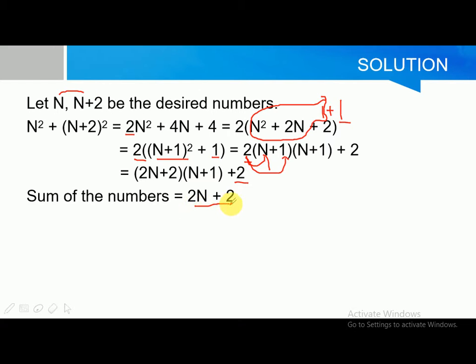For those of you who are in class 10th, it will seem like Euclid's division lemma, wherein you have the dividend here, the divisor here, the quotient is this, thus the remainder will be 2. Correct? So you tried to represent the dividend in terms of the divisor. That's why I multiplied 2 with n plus 1.